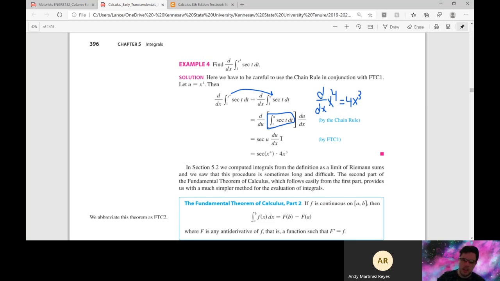But it ends up equaling this after you take the integral. I don't know why they didn't show it. Anyways, you integrate this, and then when you take the derivative, it gets rid of one of your constants. And you end up with this.